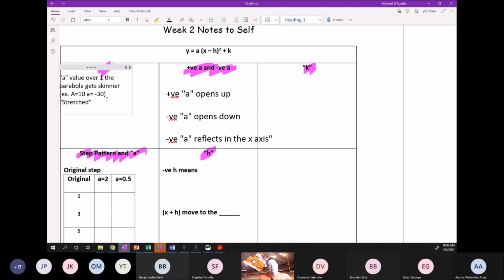So type a D in chat if you've got that definition in there. Okay. You're saying you're not. Okay. You're saying tell me when you have it in there.